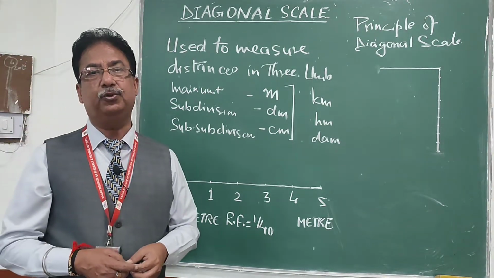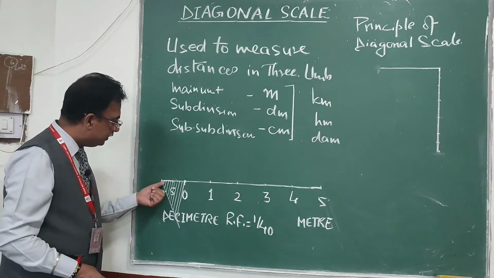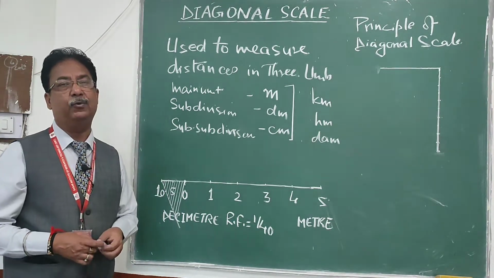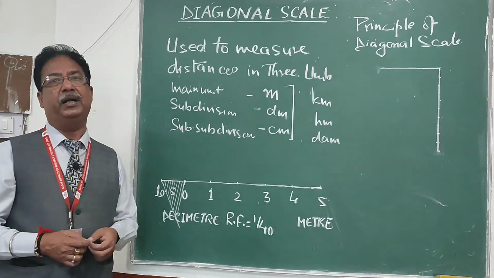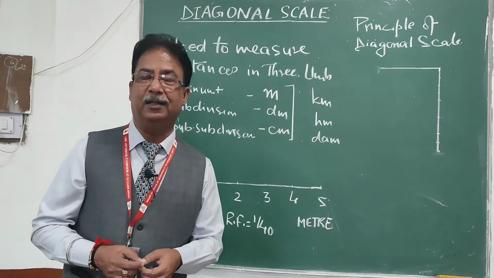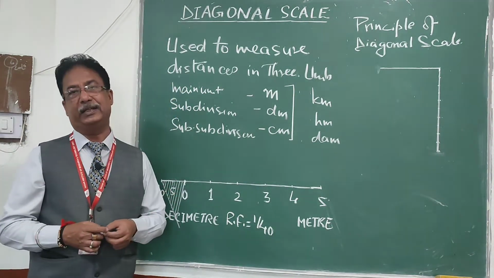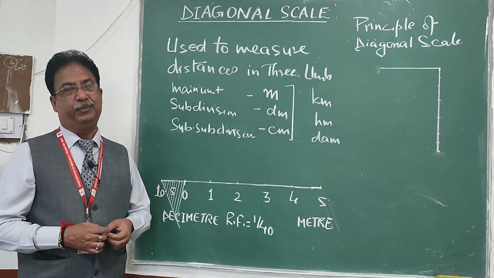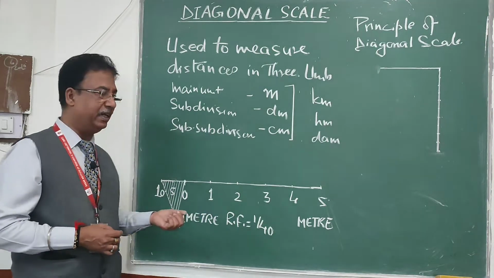Now if I want to go for 1 centimeter, it means I have to divide this small part into 10 equal parts. If I divide this first part into 10 parts, then one part will equal 1 centimeter. But I don't think it is possible to divide this small part into 10 parts, because technically, if I see from the drawing length, this total length is 15 centimeter.